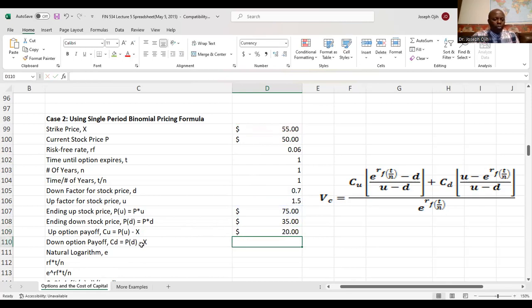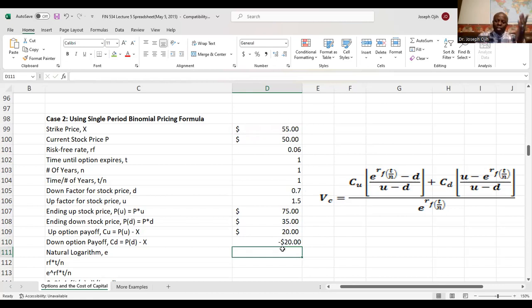And the down option payoff becomes PD, which is P for down, minus the strike price of $5. Again, it gives us negative 20.